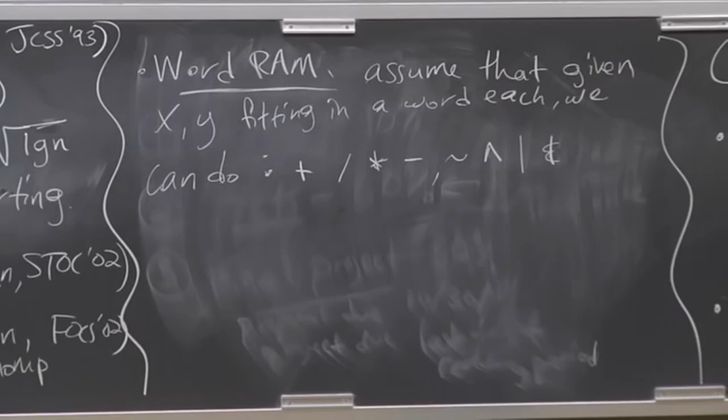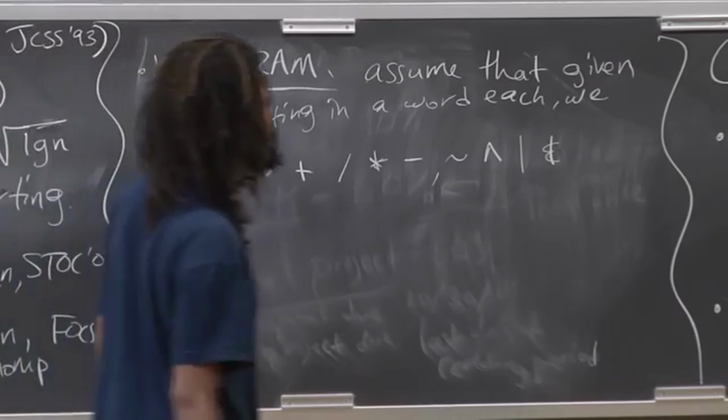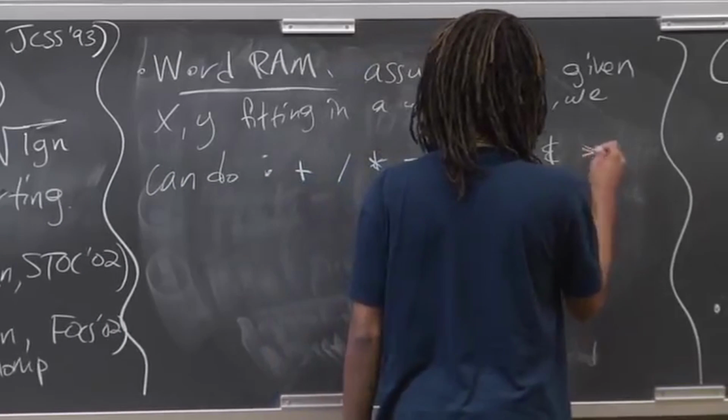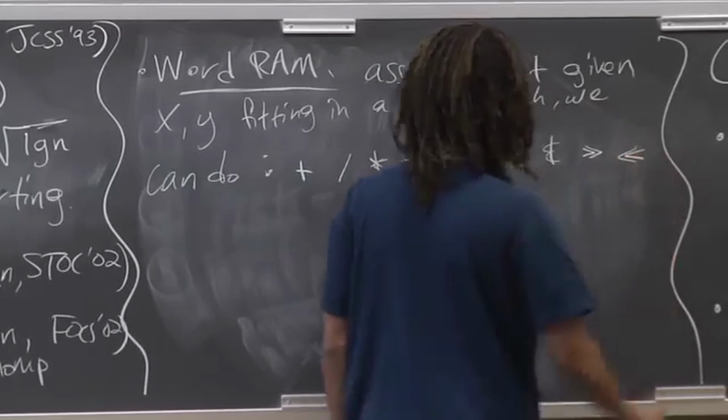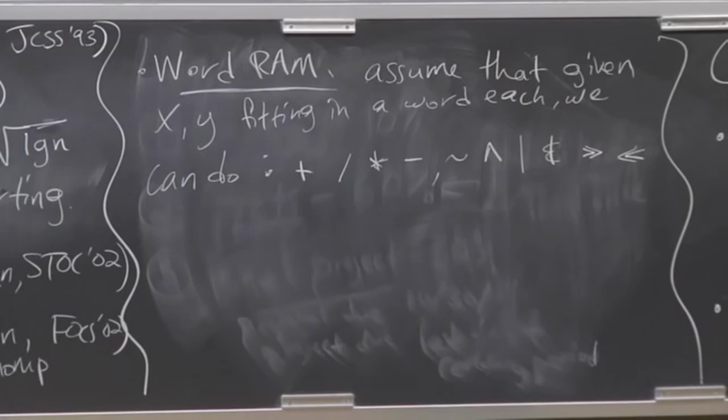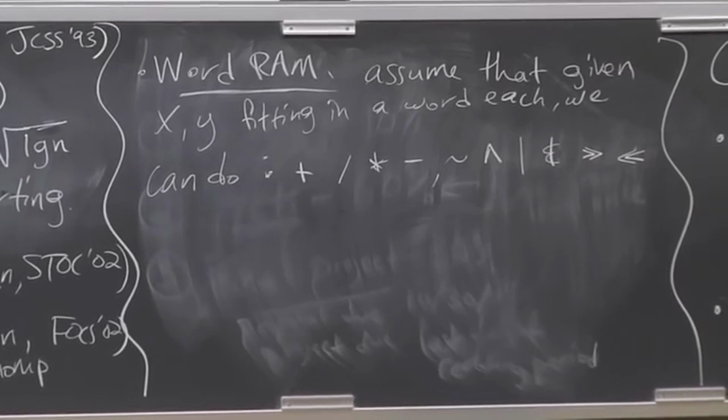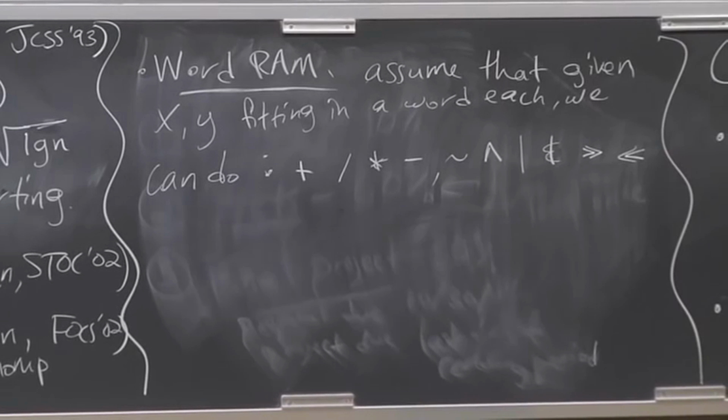And you can also do bit shifting, with some fixed constant, or with each other. So the result of the calculation, like in multiplication, also has to fit in a word, or can that be worked out? So we'll assume that for multiplication, it fits in 2 words. So the upper bits will be in the second word.